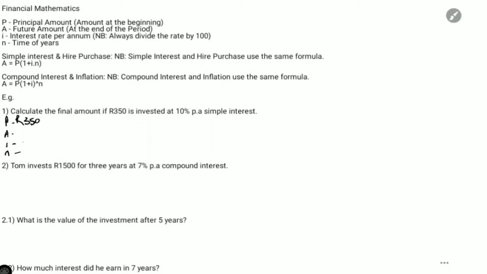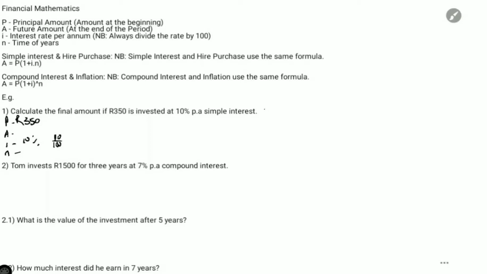Final amount we don't have, so I'm going to write 10%. Remember I said always divide by 100. And then N is our number of years. Did you not get a number of years? I missed that. I need to include that.